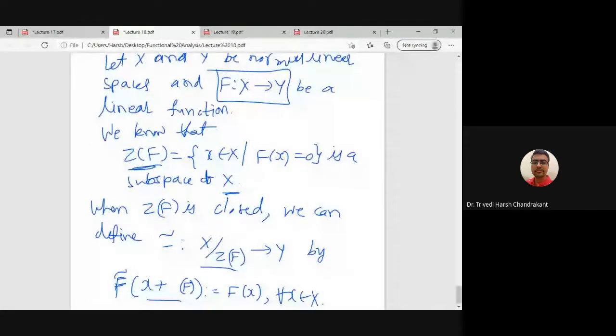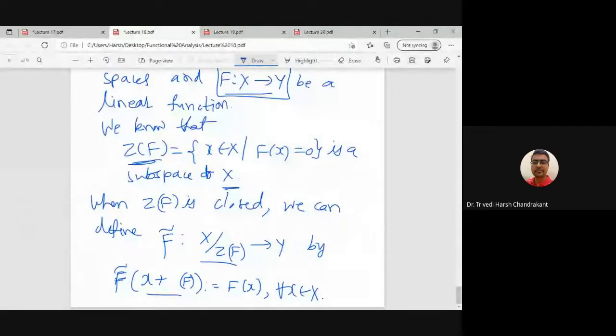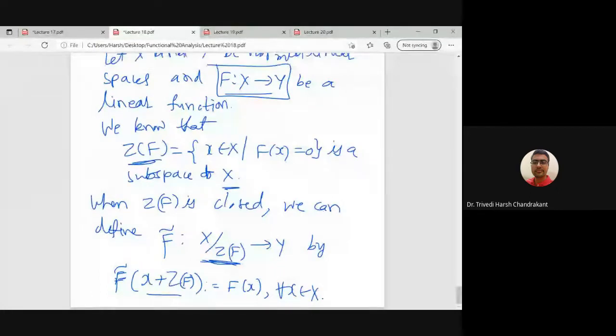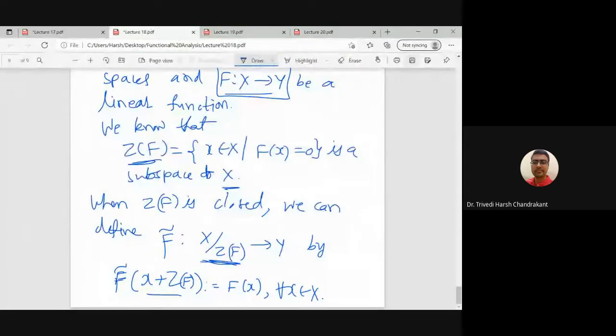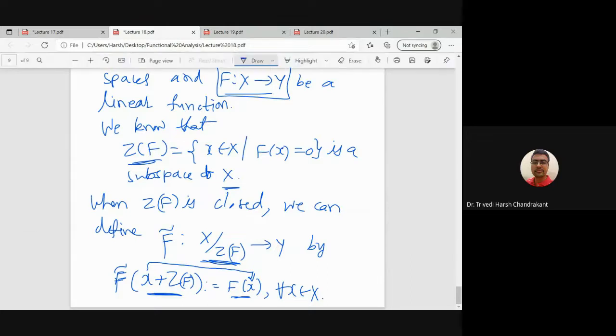So the zero set is basically the kernel, and whenever the kernel is closed, we can define the induced map. So every f will give us f tilde from the quotient space to Y, which is defined by f tilde of x plus Z(f), where this is the quotient space. On the element of the quotient space, we are defining f tilde as the value of fx. So whatever x we are taking, the corresponding value fx, we are taking as the value of the function f tilde for every x.